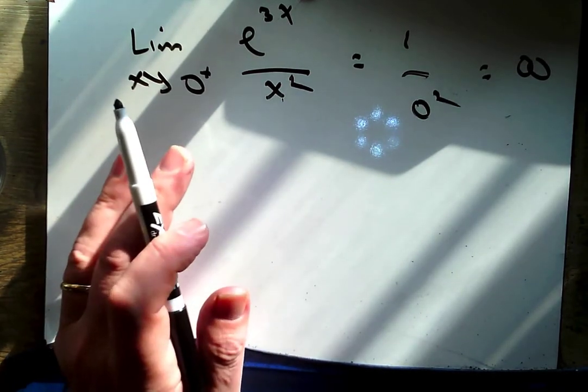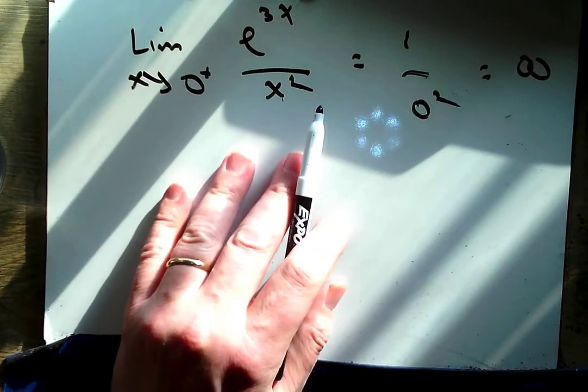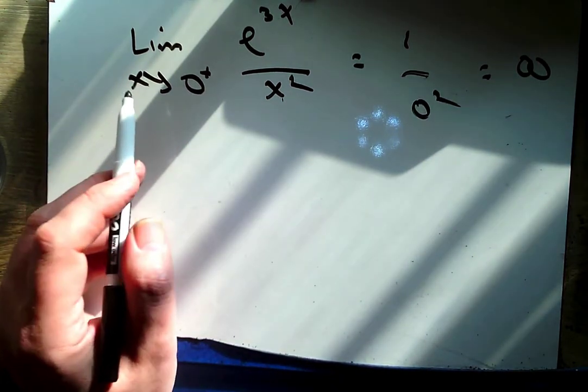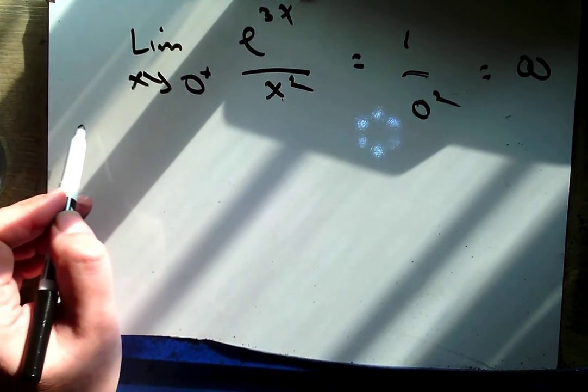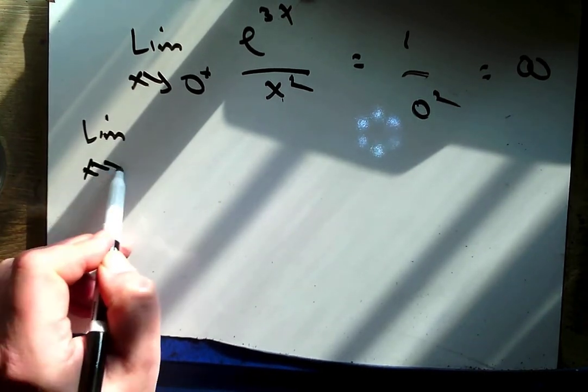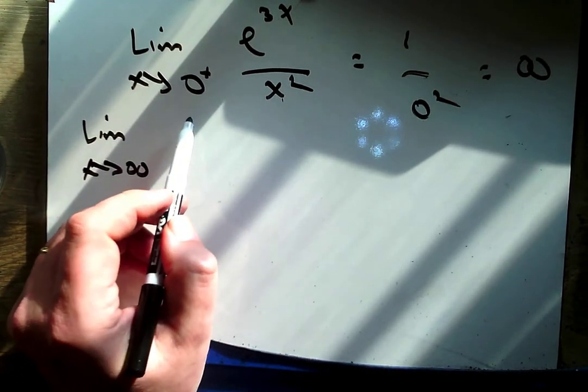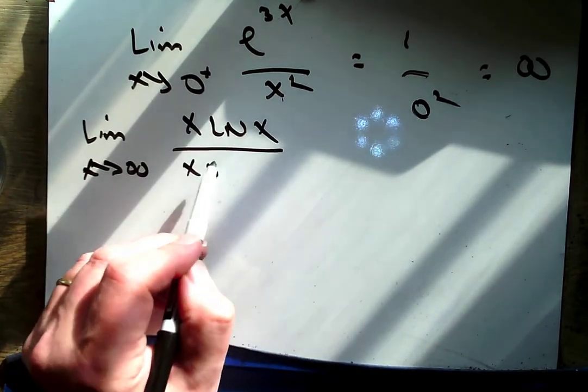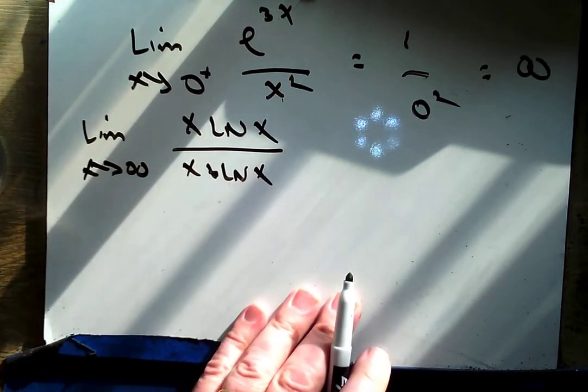I'm sorry. Not everything. So, how about 1 or 2 more? How about the limit as x heads to infinity of x ln x over x plus ln x.